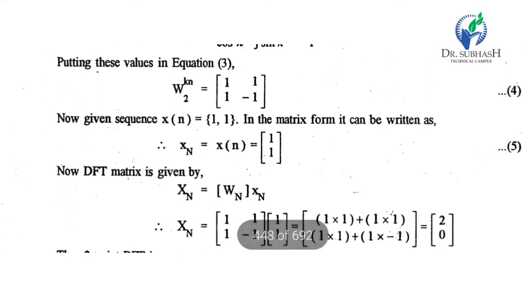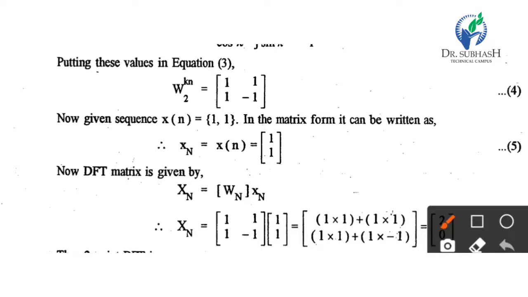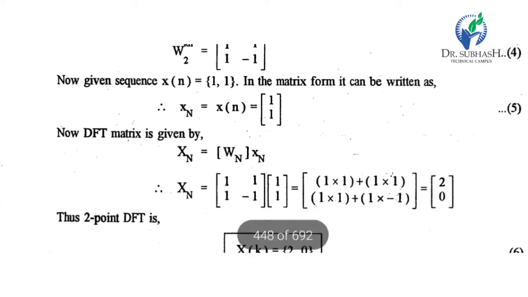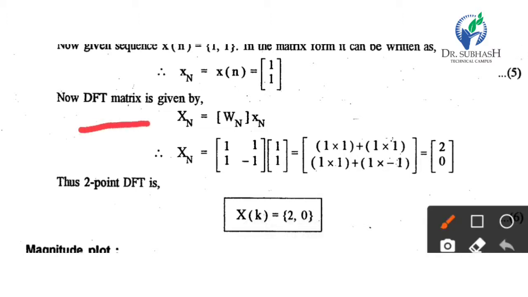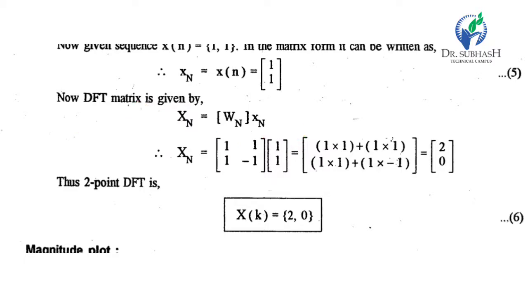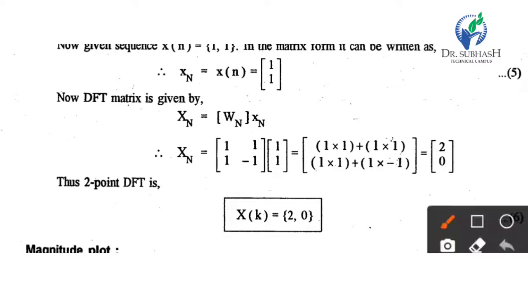Putting these values in the matrix, we get W_2 raised to kn equal to [1 1; 1 -1]. The given sequence x of n equal to 1 1 can be written in matrix form as [1; 1]. Now the DFT is given by X of k equal to W_N multiplied by x of n, so we put W_N here and x of n here and multiply both matrices. 1 multiplied by 1 plus 1 multiplied by 1 is the first row.